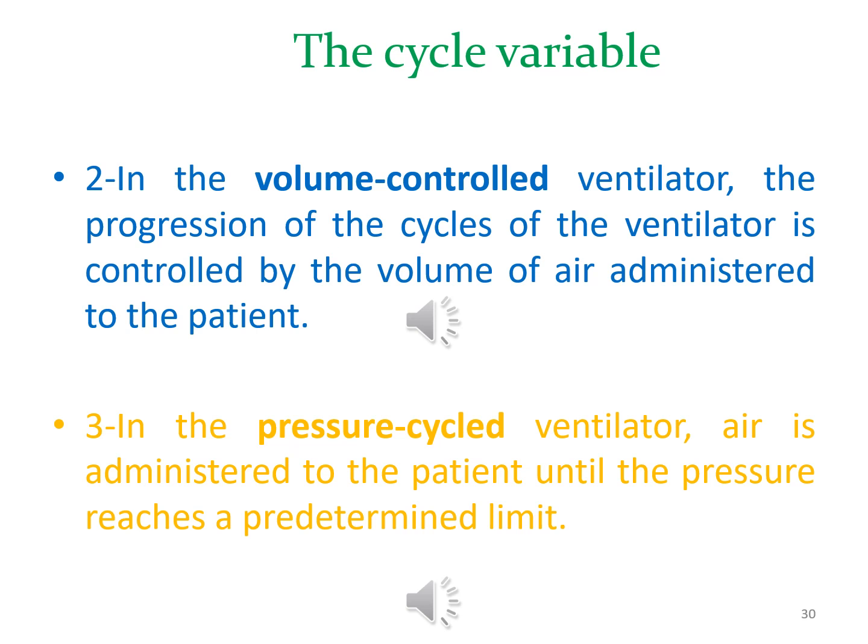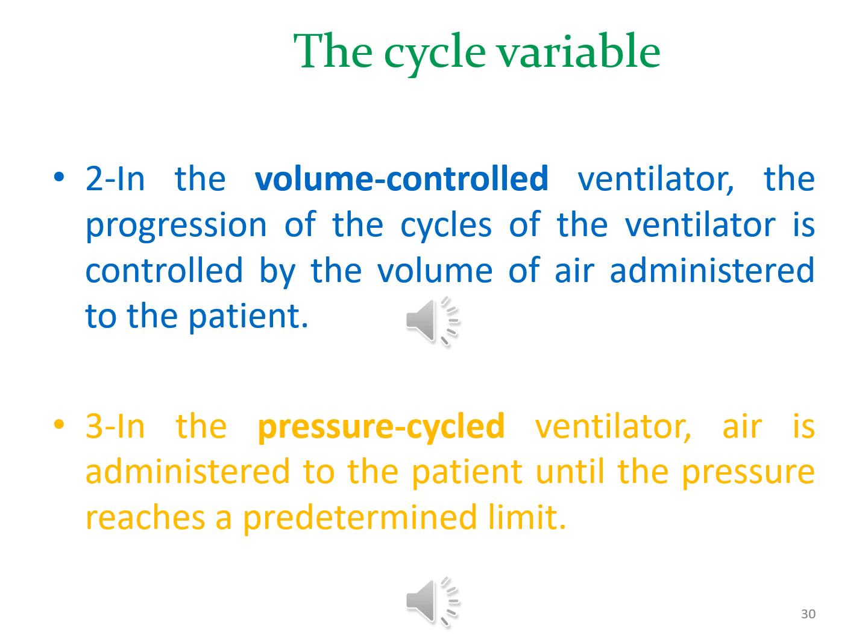It also has a pressure override valve so that if, while the machine is in the process of administering the set volume, the pressure exceeds a predetermined maximal value, the ventilator will cycle whether or not the appropriate volume has been administered.